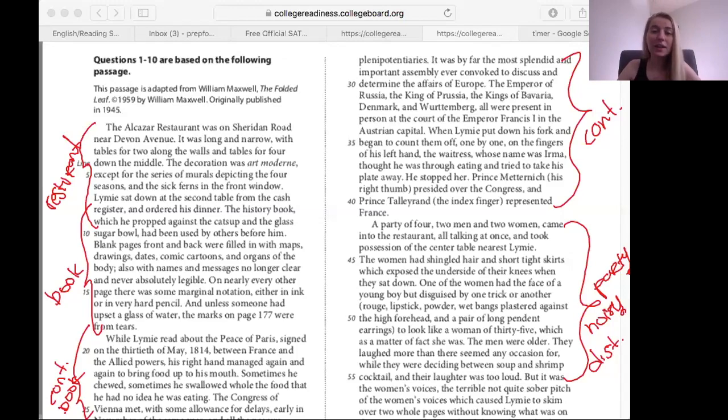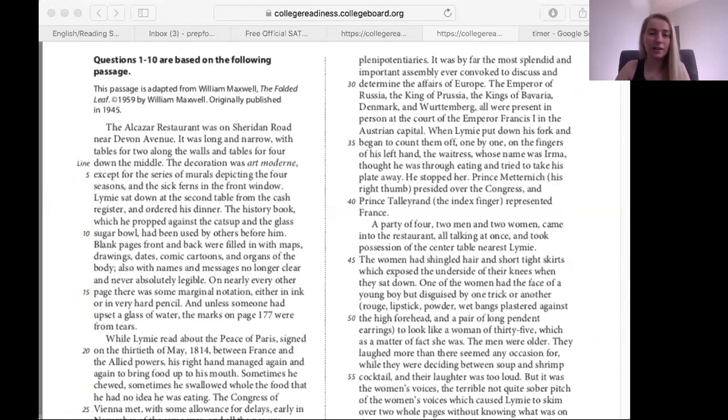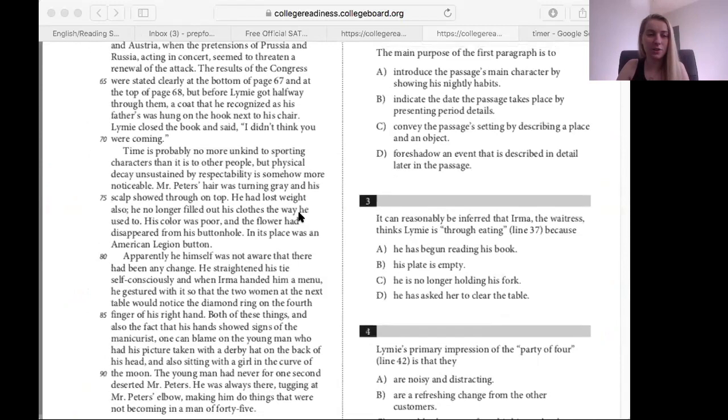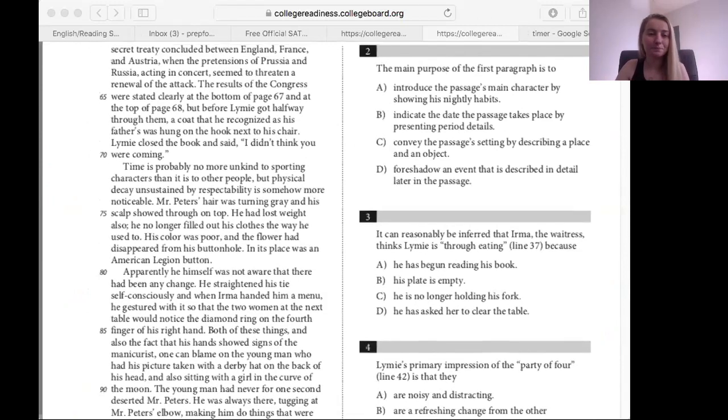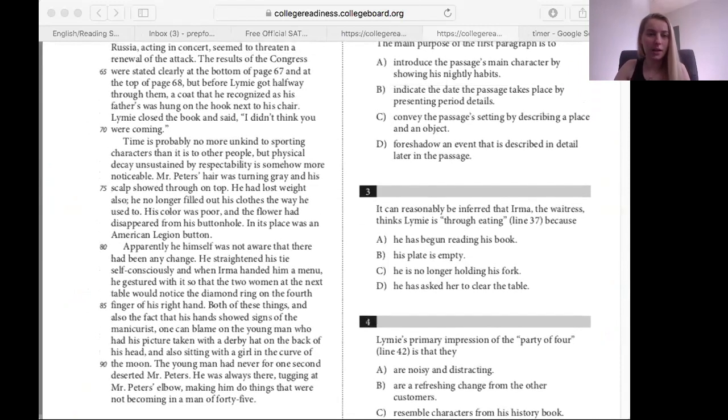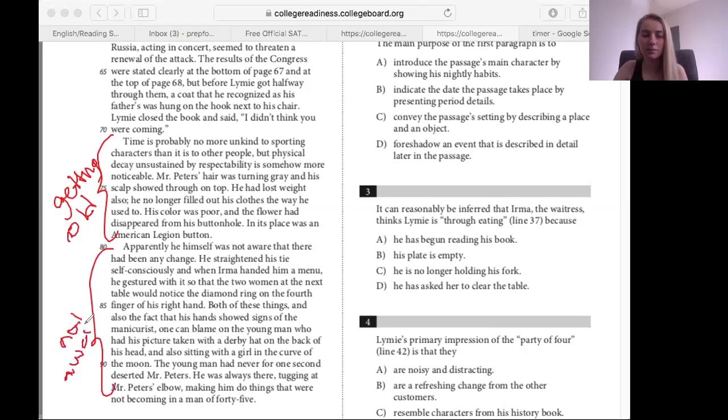So now if I continue forward, then for the rest of the passage here, I'm going to take a couple more notes here, like maybe getting old, here, like not aware, and then maybe here, father came.